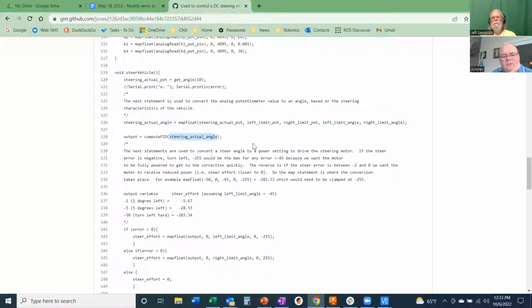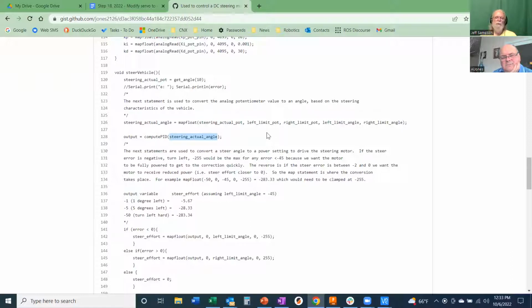is the actual steering angle, not the power setting for the motor. You will not control power setting. The PID says, oh, I'm off this far, slam this power in the motor, and it's controlling that.